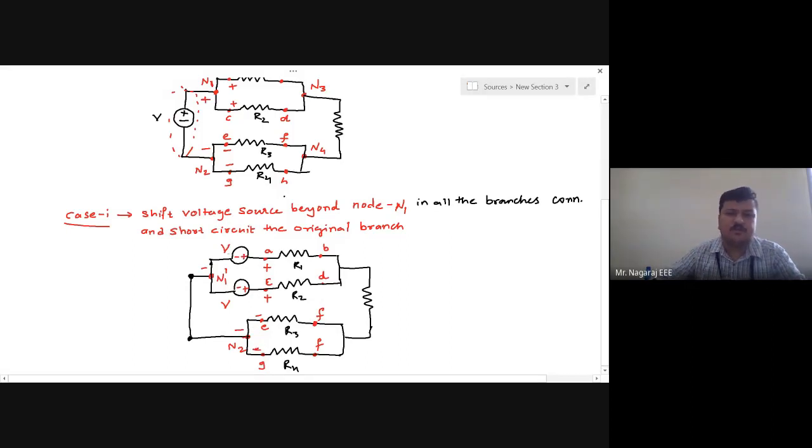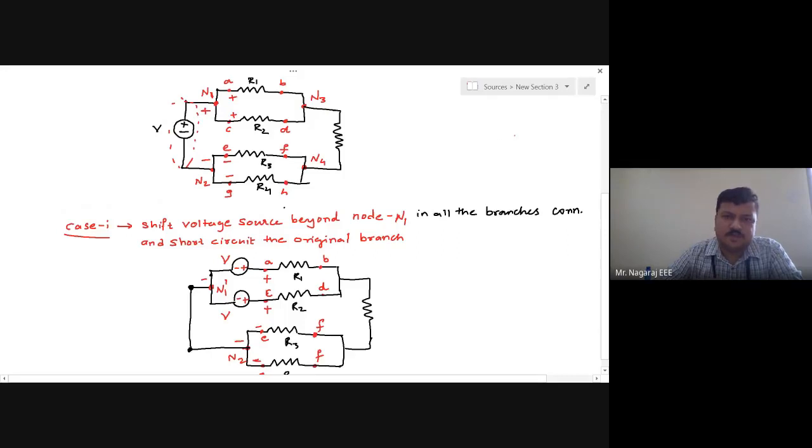So I have shifted the voltage source carefully in such a way that no element potentials have changed. And this shift is valid, because R1, R2, R3, R4 are at their original potentials. Okay.